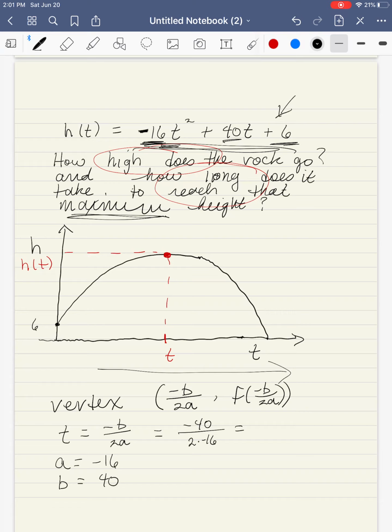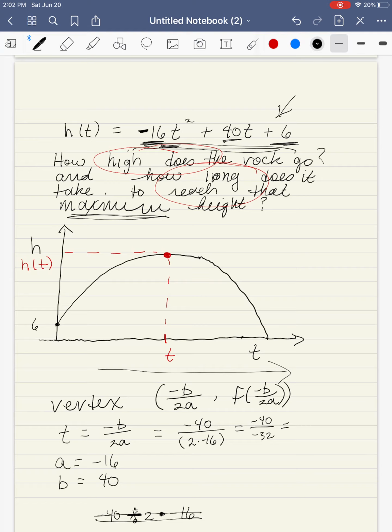So negative b over 2a is negative 40 over 2 times negative 16. And be careful if you plug this in your calculator. If you plug in negative 40 divided by 2 times negative 16, it's going to divide and get negative 20, and then it's going to multiply that by negative 16 and give you a much too large number. So if you use your calculator, you have to be sure to put parentheses here.